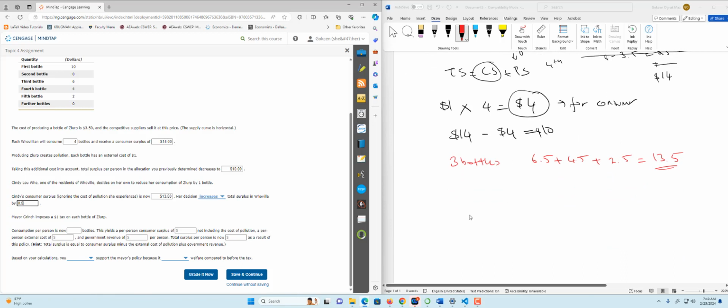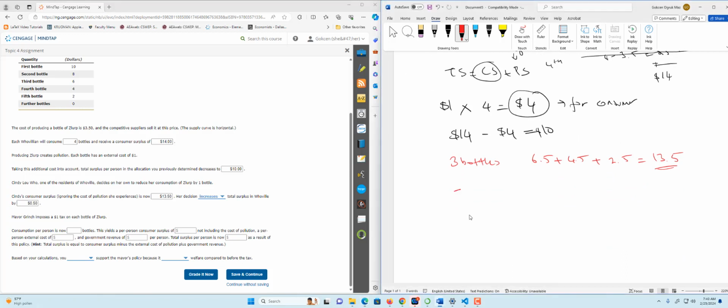Remember that we now have a total or consumer surplus of $13.5, and she's now consuming 3 bottles, and 3 bottles have an external cost of $3. So from the total surplus of 13.5 we subtract the $3, and we have 10.5 net surplus per consumer.